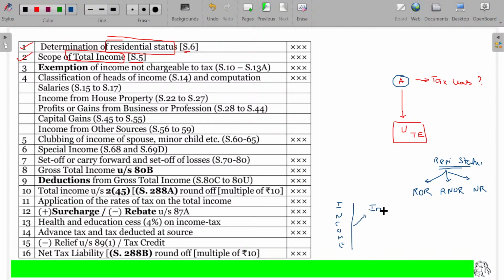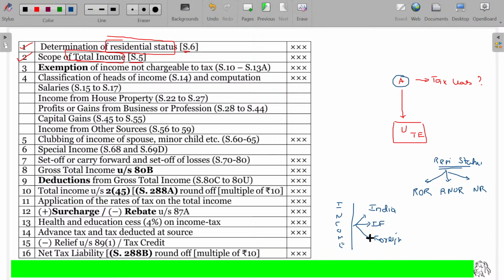It is earned in India, it is earned outside India. Indian income, foreign income. And it's a blend of these two, Indianized foreign income, like foreign income but seems to be Indian income.